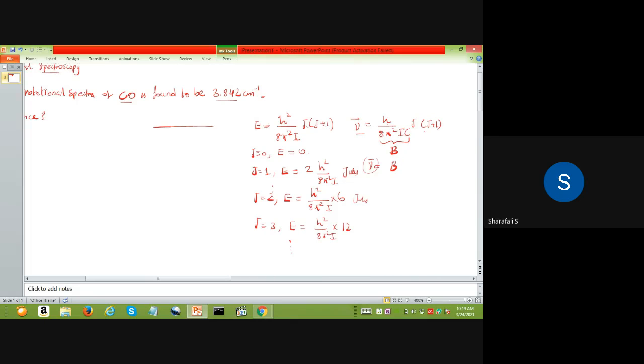This is not the spectra; this is the energy coming out after that transition.